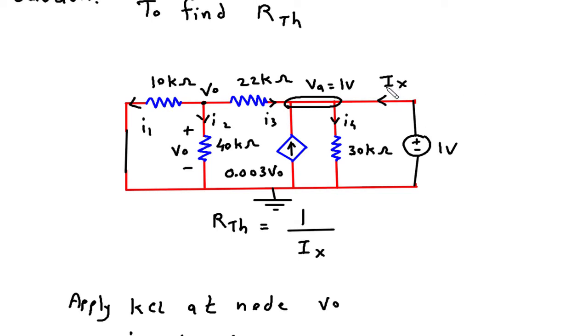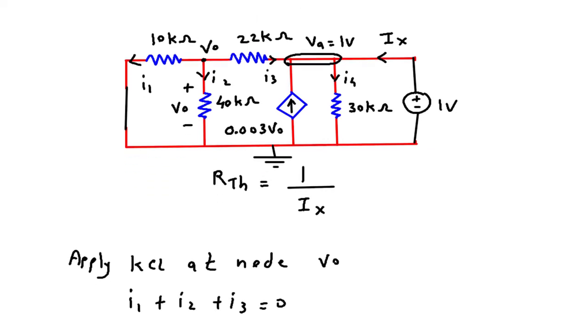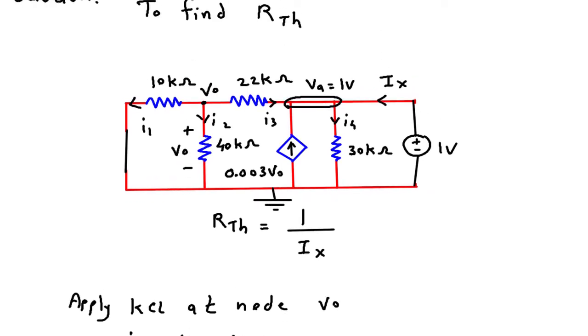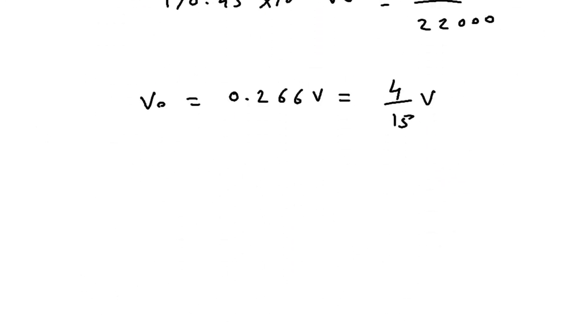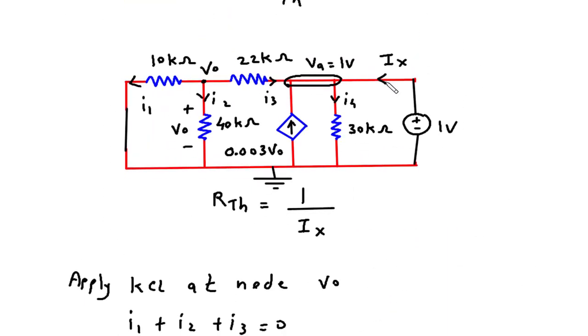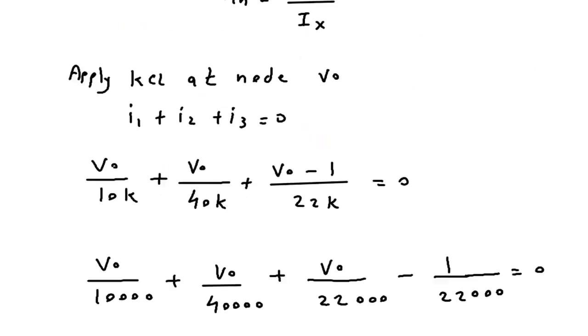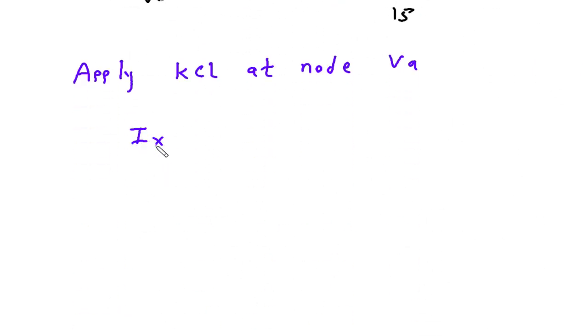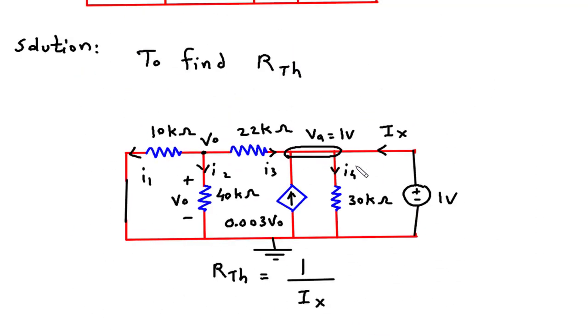So Ix will be equal to... If we apply KCL at node VA, the summation of all the entering current is Ix plus I3. Ix plus I3 is equal to I4.